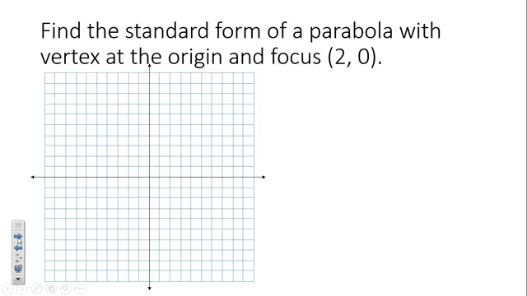So they want us to actually find the equation this time of a parabola that has a vertex at the origin and a focus at (2, 0). So start by graphing, and it's going to be a crude sketch, but that's okay.